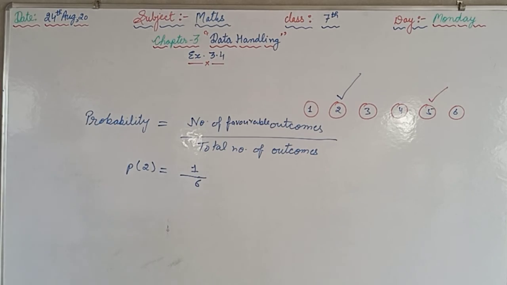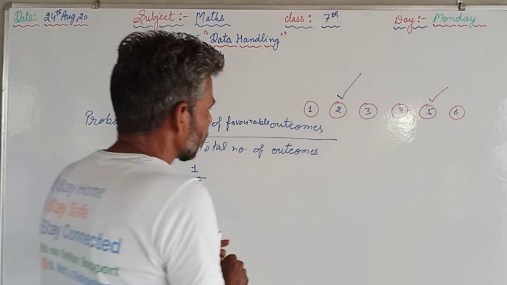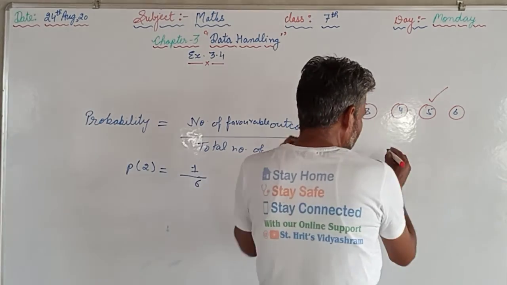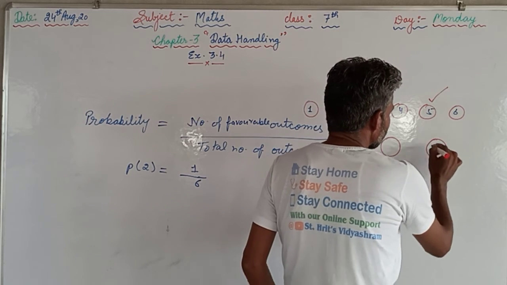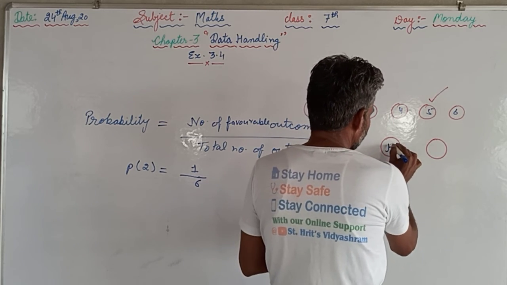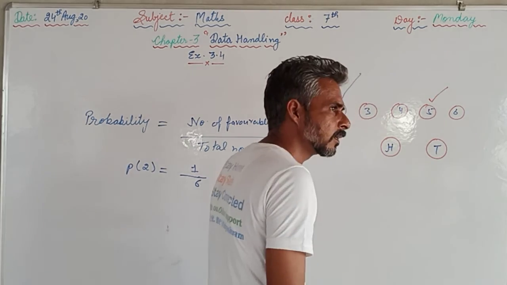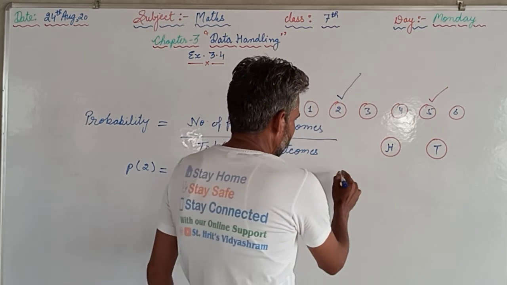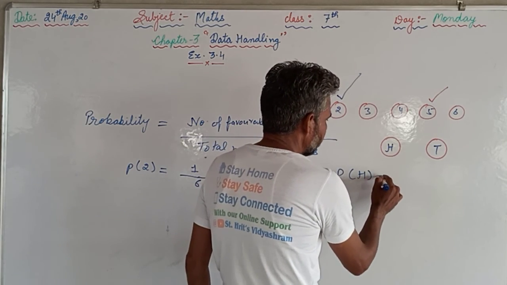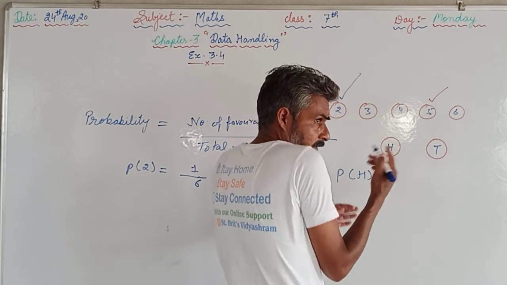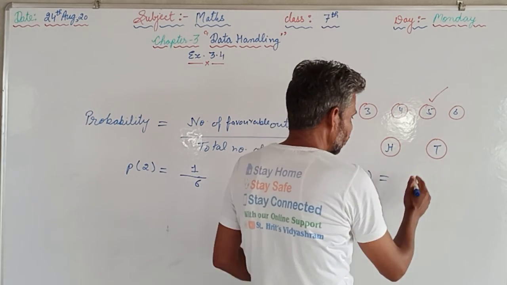A coin is flipped to decide which team starts the game. What is the probability that your team will start? Tossing a coin means 2 outcomes are there, either head or tail. For the probability of getting head, how many favorable outcomes are there? 1.